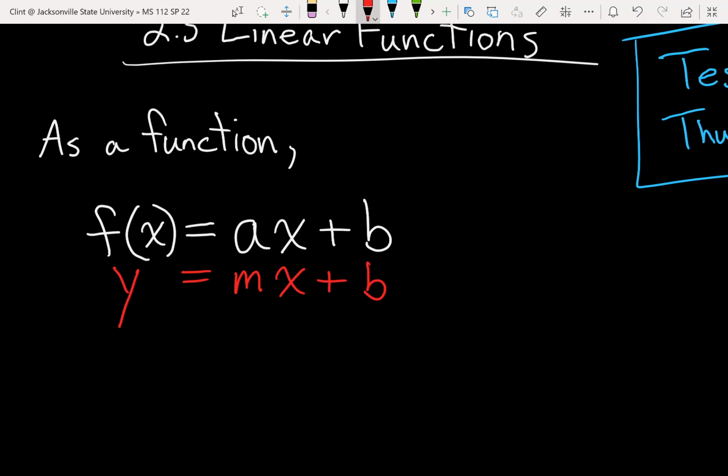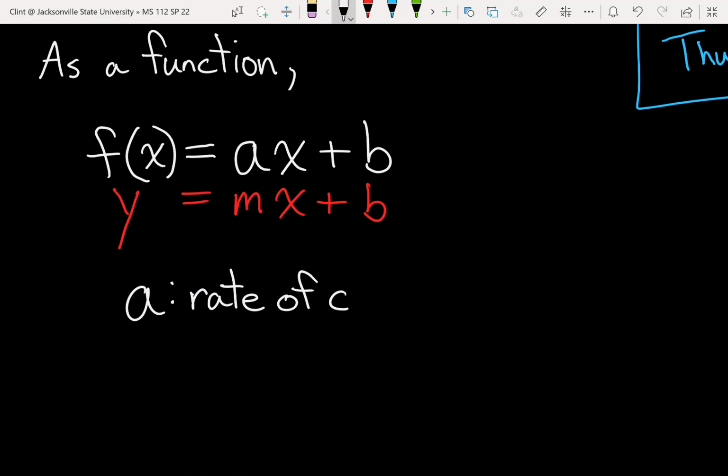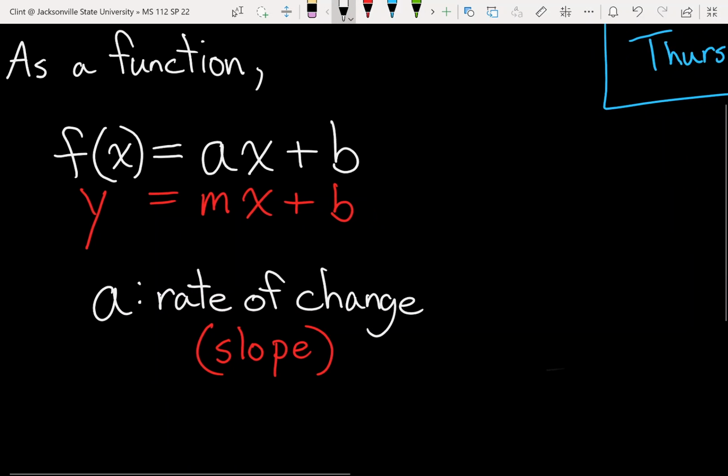Okay. So this number a, when we're thinking about it as a function, we would call a the rate of change. But that means the exact same thing as slope. So the slope formula still works, all that kind of thing. And then b is still the y-intercept.